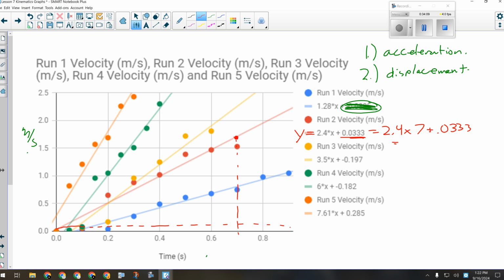I don't want this rectangle at the bottom. I just calculated this whole line here, all the way from the x-axis. I only want from here to here, which means I don't even need that. So I actually only have 16.8, I believe is what it came out to, right? Yeah, 16.8 meters per second. That's the height of my triangle.